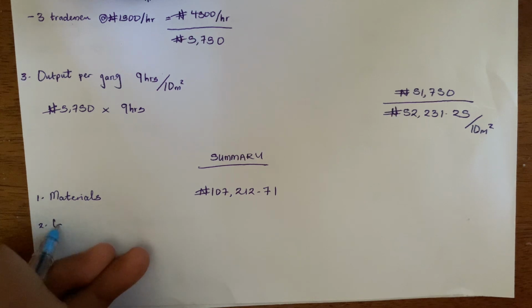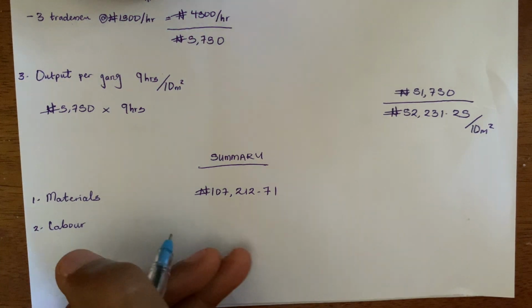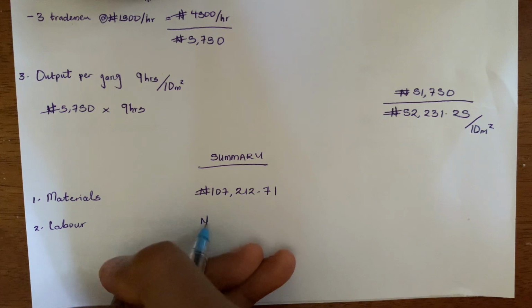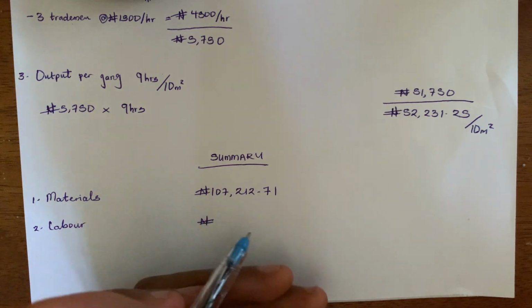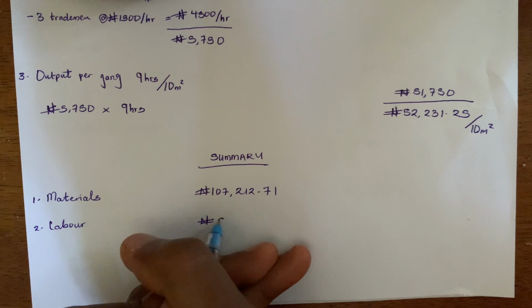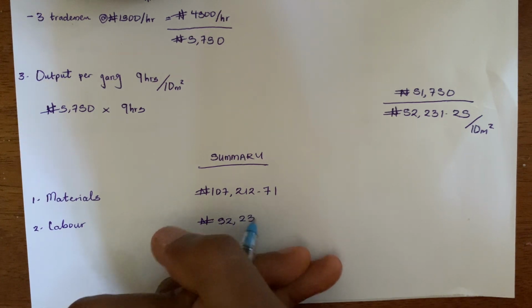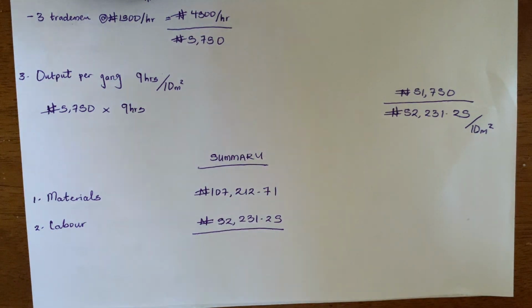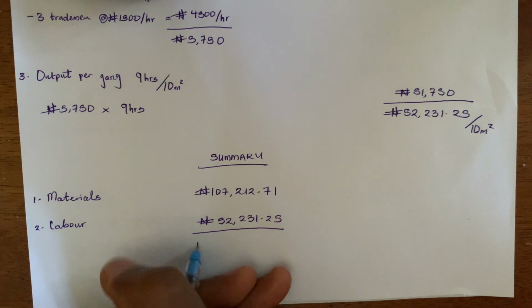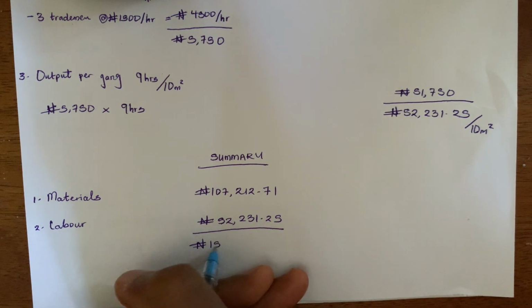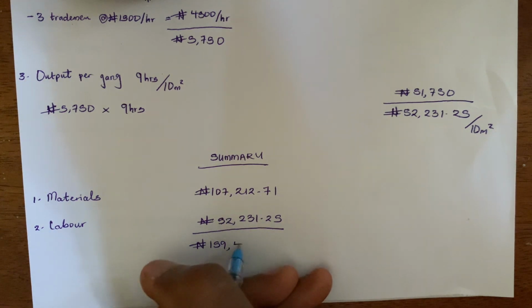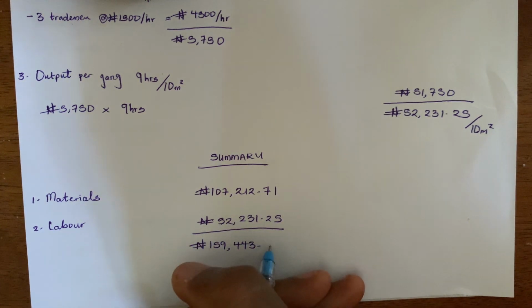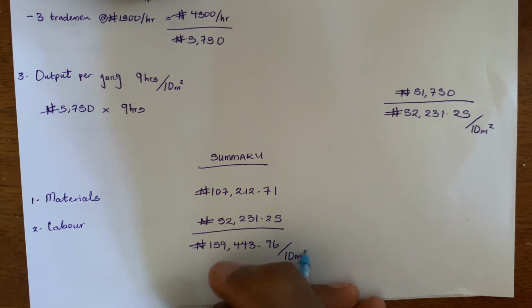And then the cost for our labor for both mixing of mortar and the laying of the block would be 52,231.25, which is what we just calculated. So when we now add the two of them together, we are going to be having 159,443.96 naira for 10 meters square of block work.